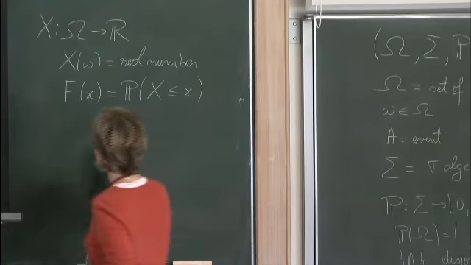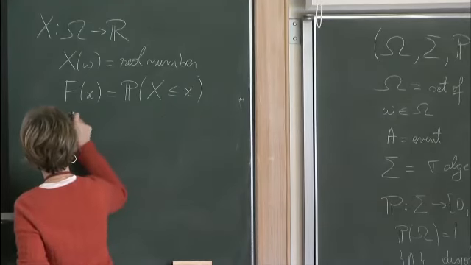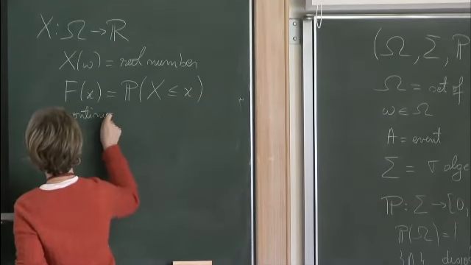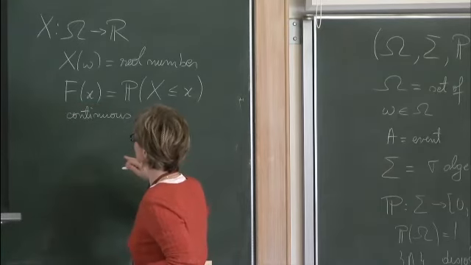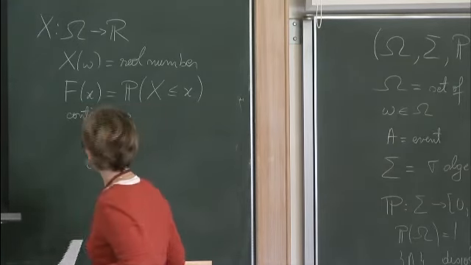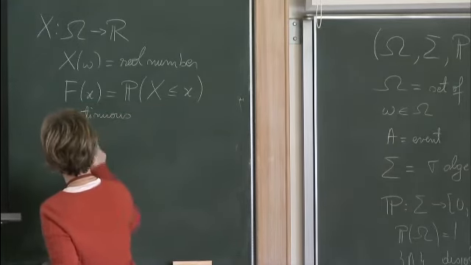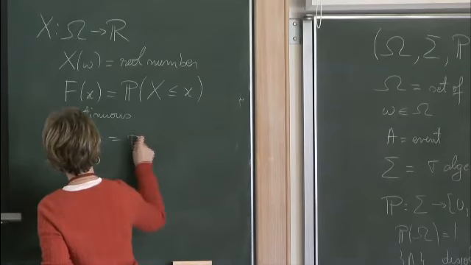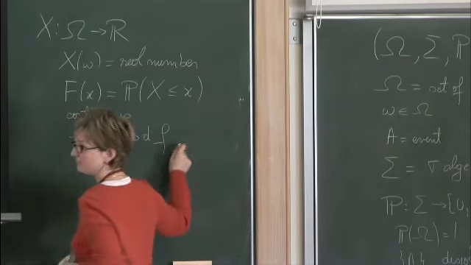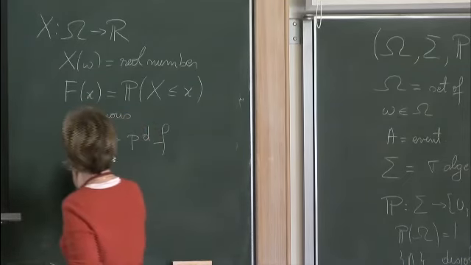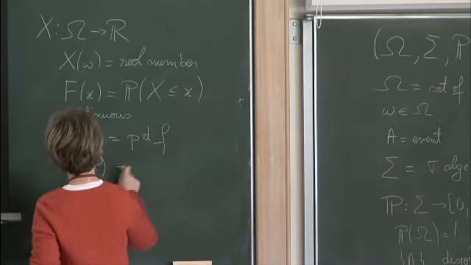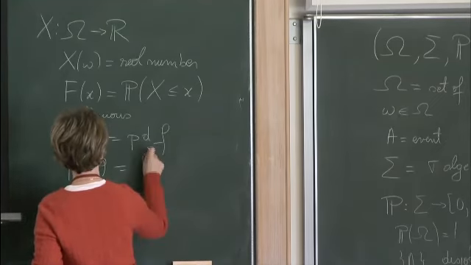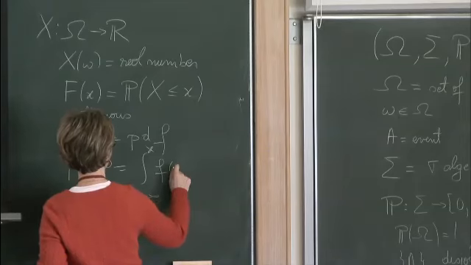And really, in this course, we are going to talk about continuous random variables, which means that this distribution has a density. I'm going to call little f the probability density function. So what that means is that F of x is the integral from minus infinity to little x of f.